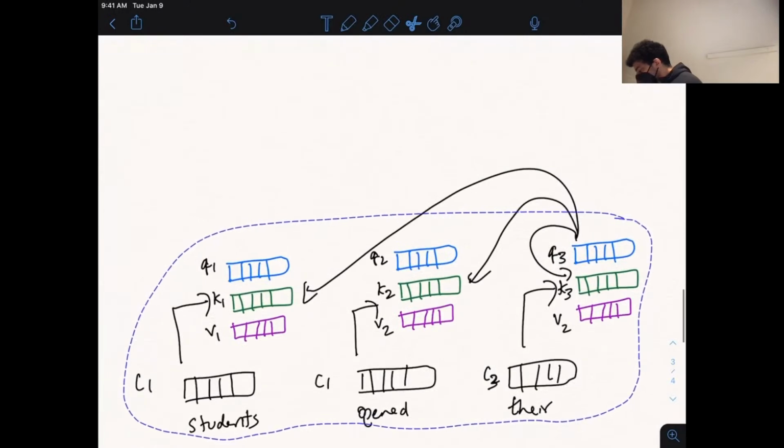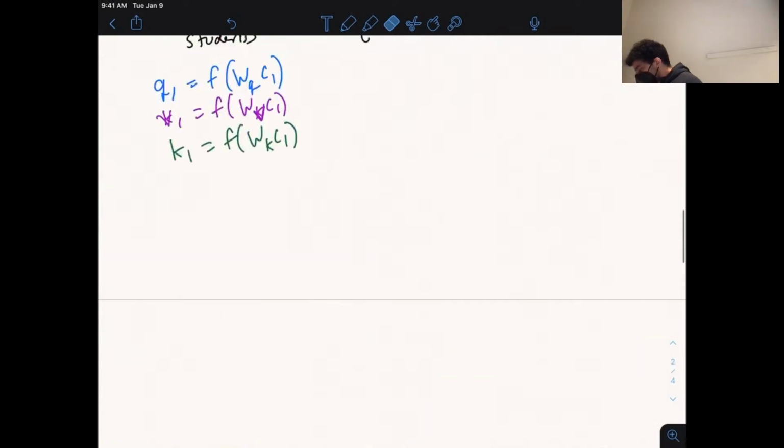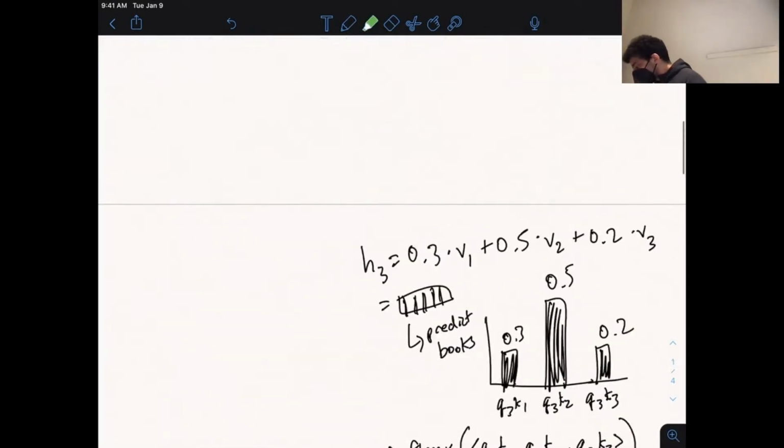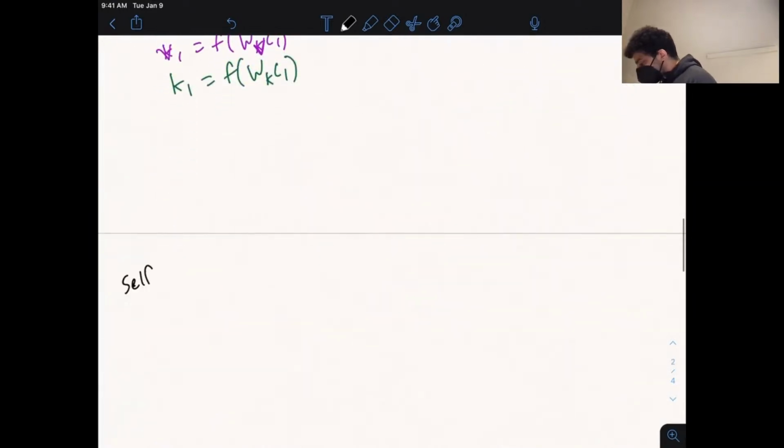Okay. So now, maybe I'll label this with self attention at 3rd position of sequence. This will be self attention at 2nd position of sequence.